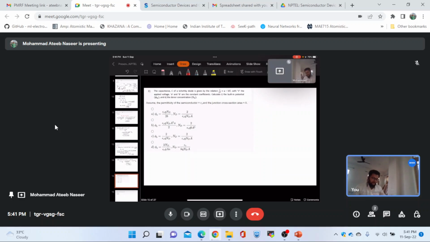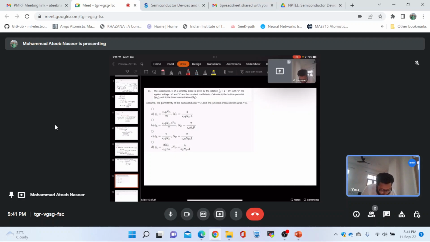It says that the capacitance C of a Schottky diode is given by some relation which is 1 by C square is equal to A minus B times V, where this V is the applied voltage and these A and B are some constant coefficients.